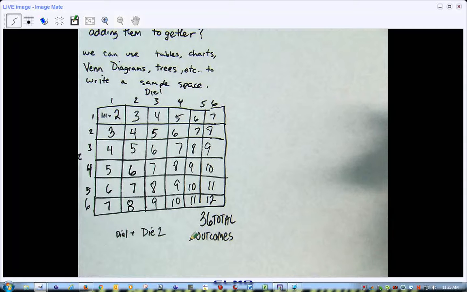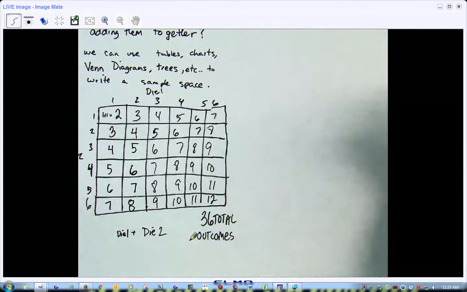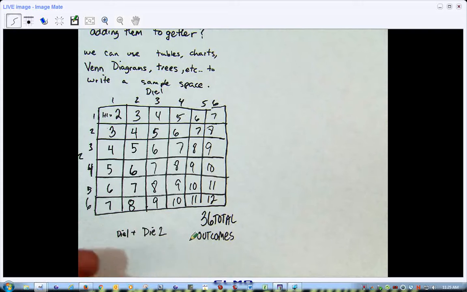It'd be easy. All you have to do is say, well, there's 6 in one, 6 in the other one, multiply them together, you get 36. That's it. Well, that would be for the number of outcomes.